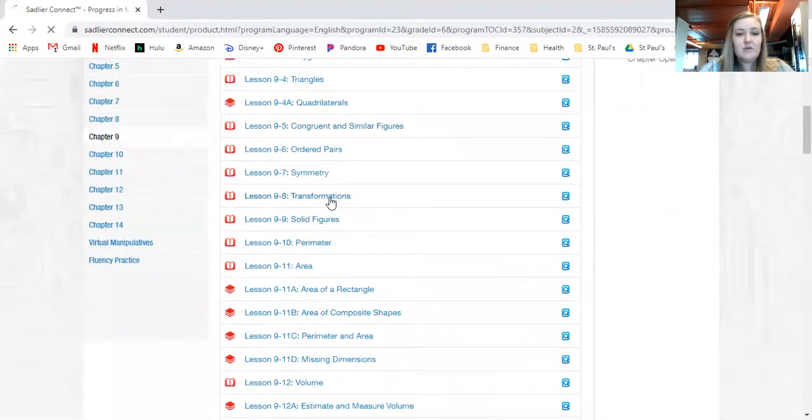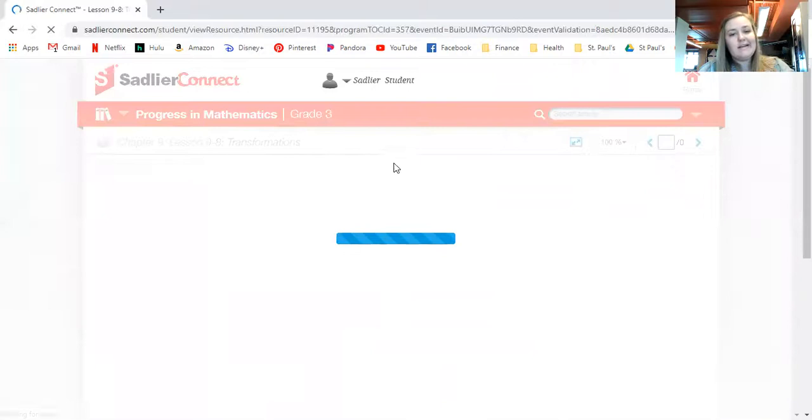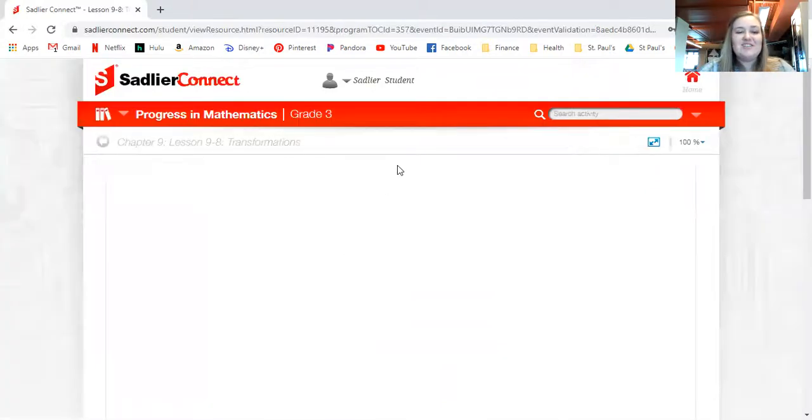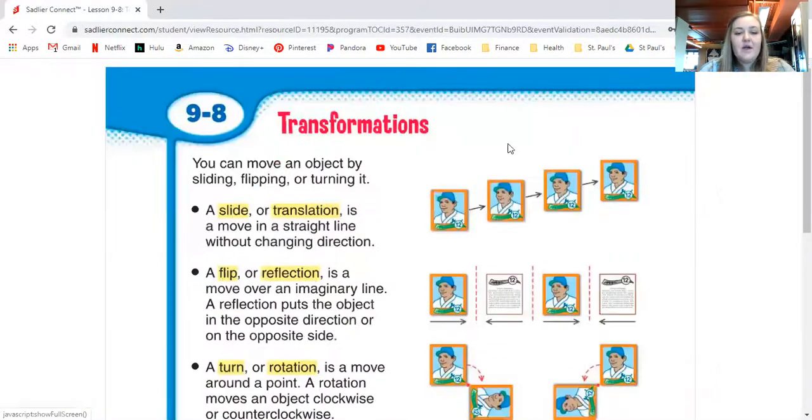Okay, if you turn over just one page to page 317, we talked about transformations. Kind of sounds like a transformer. If you look at transformations here, we talked about how you could take an object and you could slide it, you could flip it, or you could turn it. If you slide it, it's called a translation. It's kind of like if you take English to Spanish or Spanish to English. Same words, different translation.